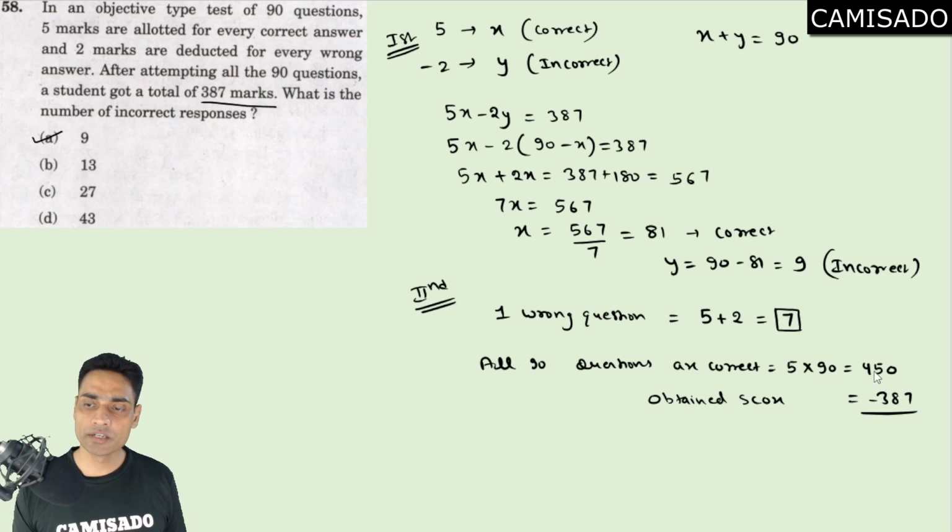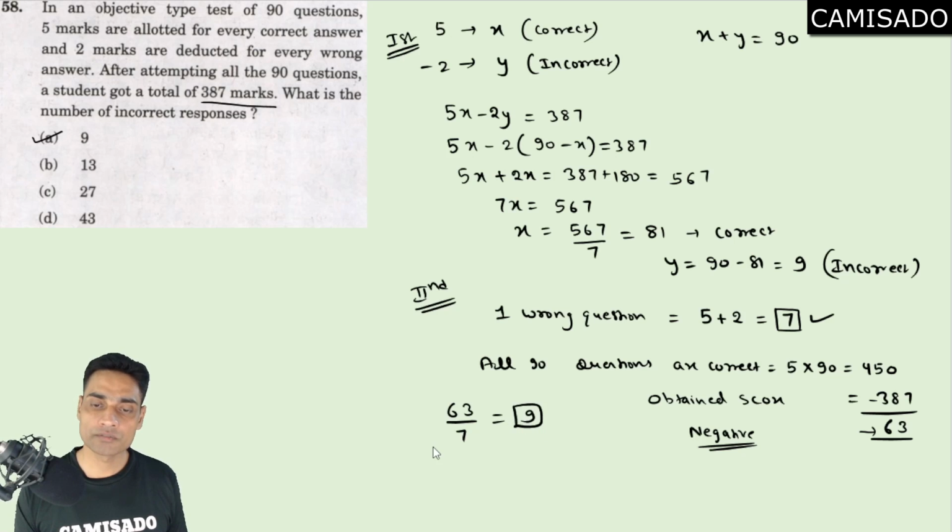So when you subtract 387 from 450, what you will get is 63. And this is basically the negative part because of incorrect answers. So for one wrong question, 7 marks you are losing. Now you are having a loss of 63 marks. So the number of incorrect questions you have done is 9. Correct? So this is the way of solving this question, the second method of solving the same question.